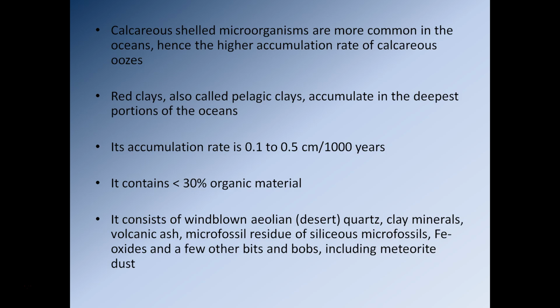They can be iron oxides contributed by submarine vents, otherwise known as black smokers. And then there can be a few other bits and bobs, including meteorite dust coming from space that can be incorporated into the sediment. So these pelagic clays consist of a real mixture of different materials. However, the rate at which those materials enter the deep marine environment is relatively slow, and so the rate of sedimentation is also very, very slow.